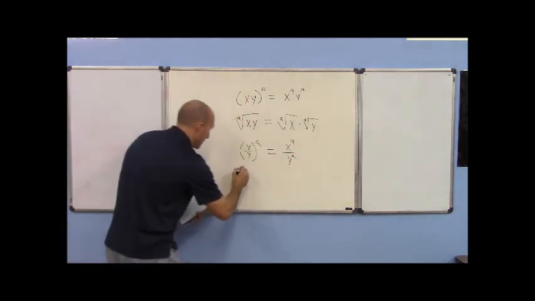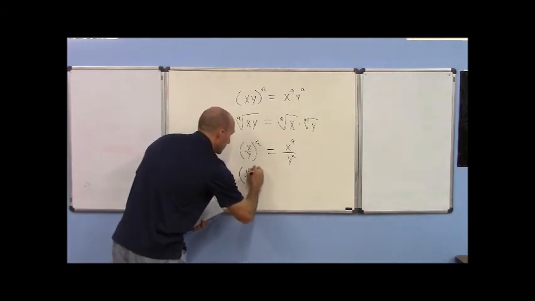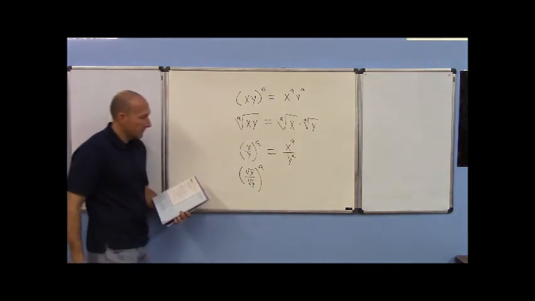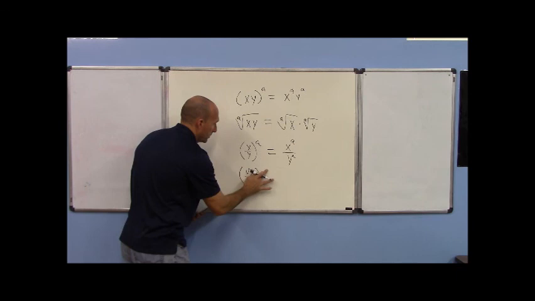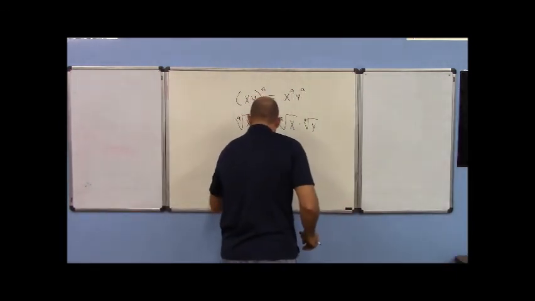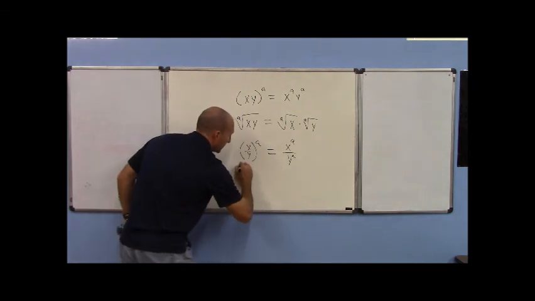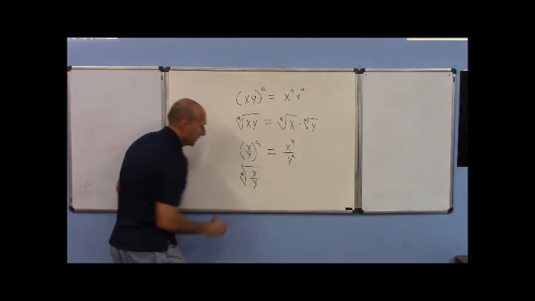Likewise, if we have the same thing, where we have this, oh, I'm sorry, nope, that is wrong. I was jumping ahead. This. You have a radical of x over y with the index of a.